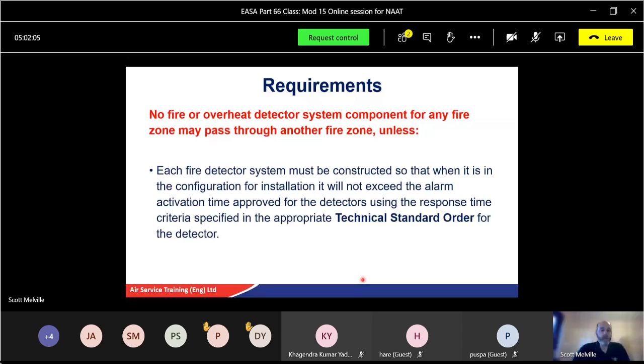Each fire detector system must be constructed so that when it is in configuration for installation, it will not exceed the alarm activation time approved for the detectors using the response time criteria specified in the appropriate technical standard order for that detector. In other words, it's got to do what it's meant to do in a specific time.